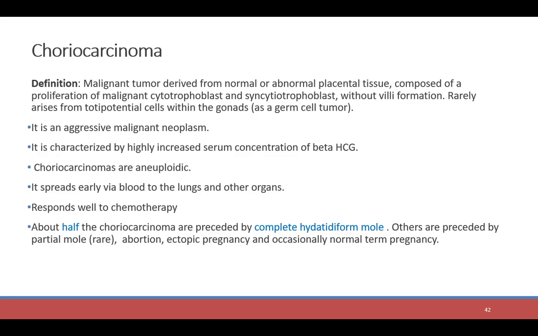It shows biphasic. What is biphasic? Being two components, biphasic. Biphasic proliferation of cytotrophoblast and syncytial trophoblast. So this is a biphasic malignant tumor, proliferation of both cytotrophoblast and syncytial trophoblast.